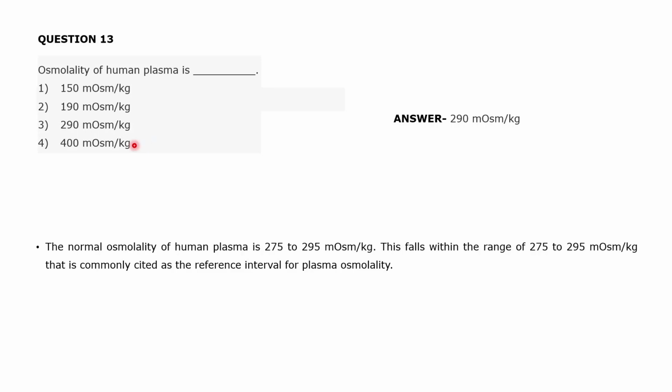The normal osmolality of human plasma is about 275 to 295 milliosmoles per kilogram. Osmolality is a colligative property, so it depends on the number of solutes present within the cell. If you compare cerebrospinal fluid, or CSF, with human plasma, it will be different.